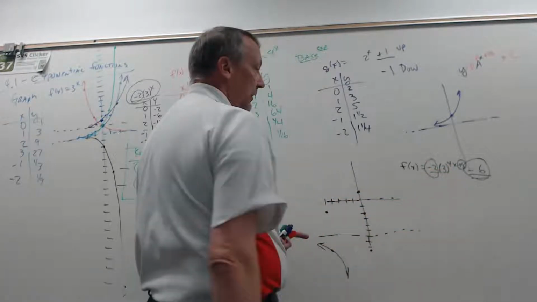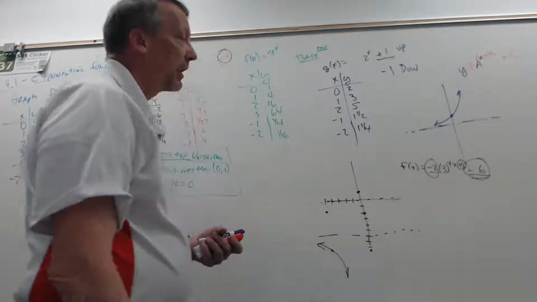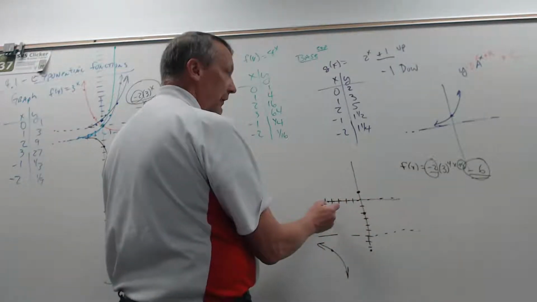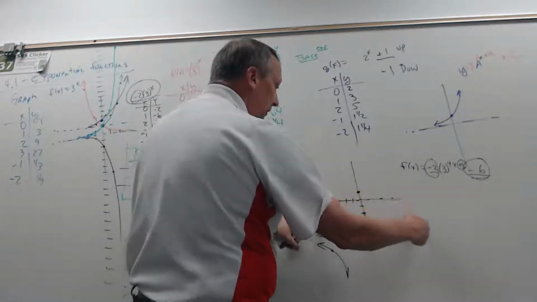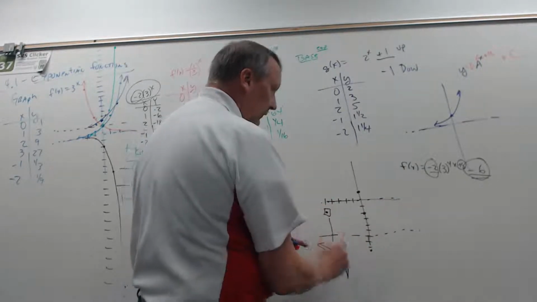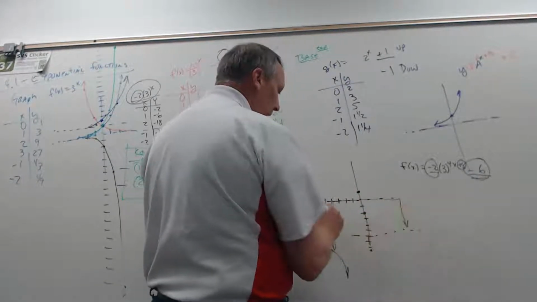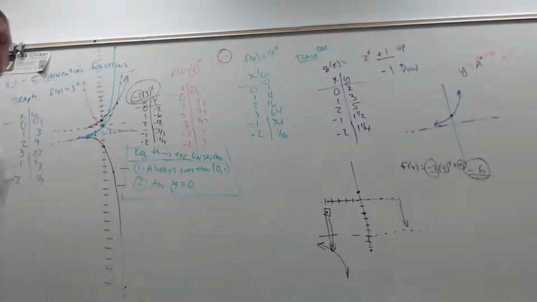The 4x is going to make it steeper, and the 5 moved it to the left 5, and the -6 moved it down 6. It moved the asymptote down 6, and it moved your point here down 6 as well. That's your starting point. So that's why the asymptote is lower than -2.